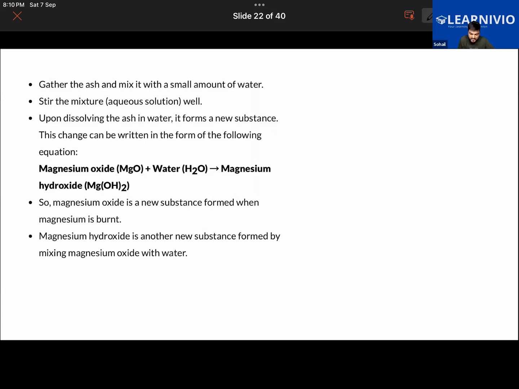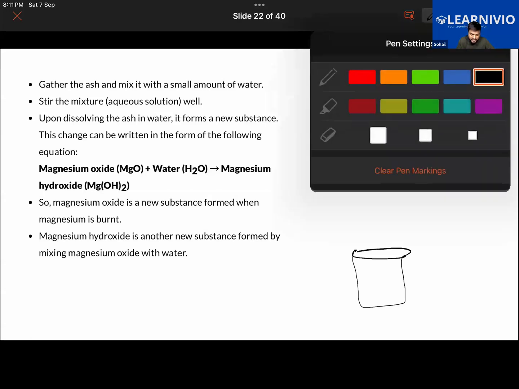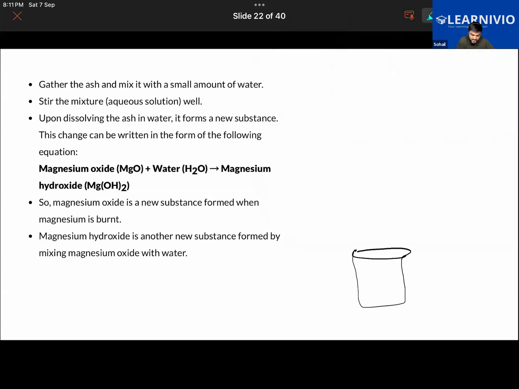See, basically, if you are provided with a given solution and you don't know what solution it is, let us say I am dipping a blue litmus paper in it. Both of you listen carefully here. This is an unknown solution. I don't know what it is.